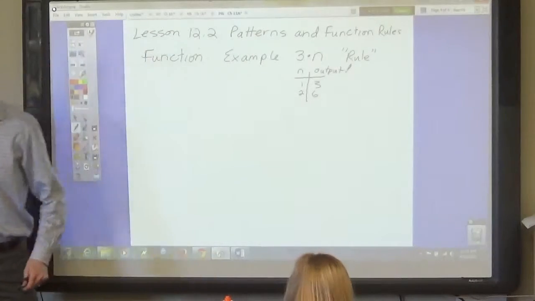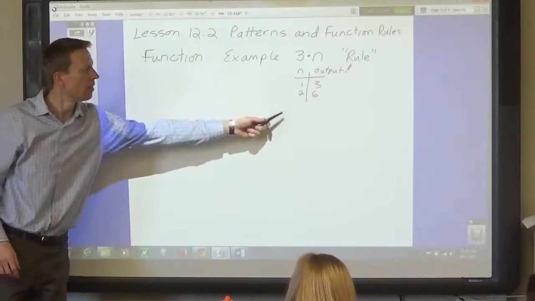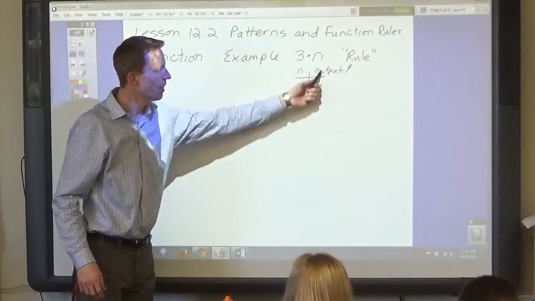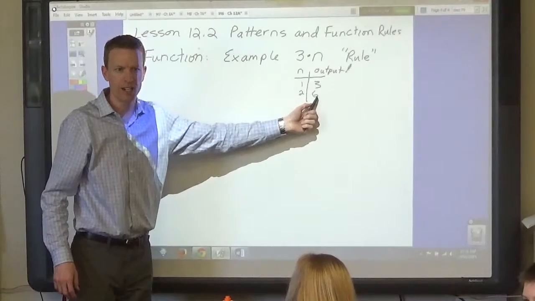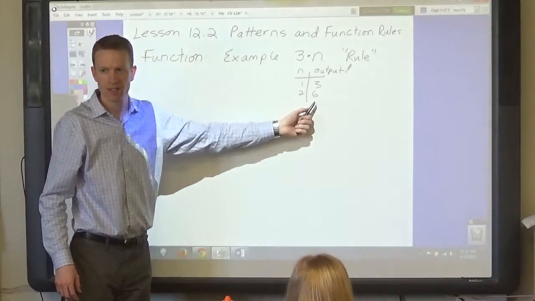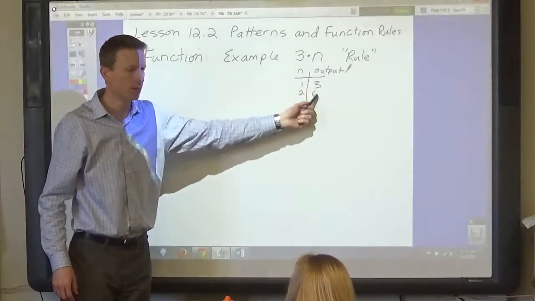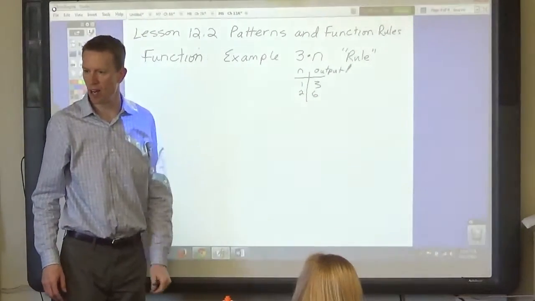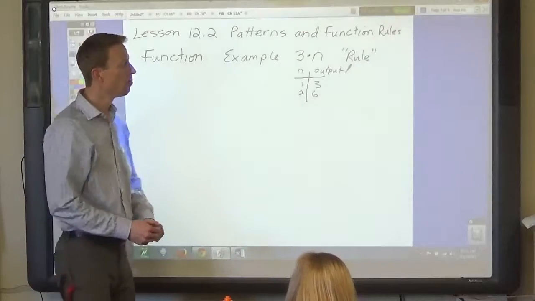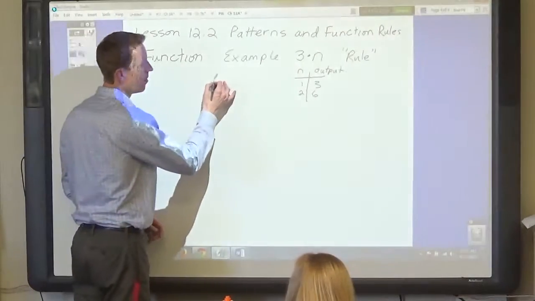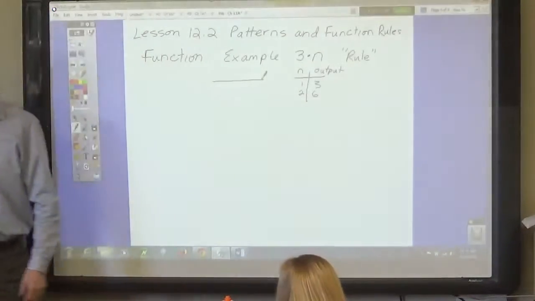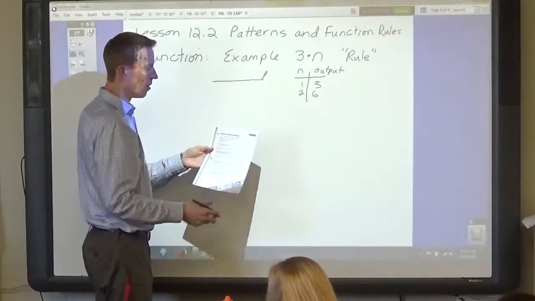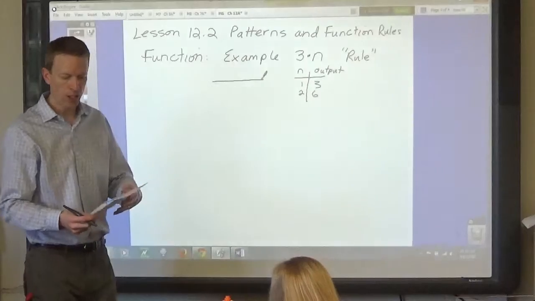Notice that I have written this as a chart, and I think this is the easiest way to read a function, with the two sides next to each other so you can read it across. But you might see functions written this way also. Look at your example here in worksheet 12.2.